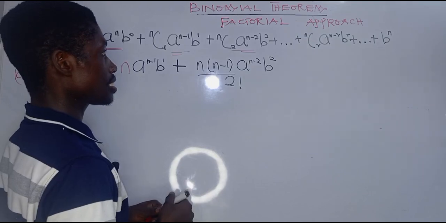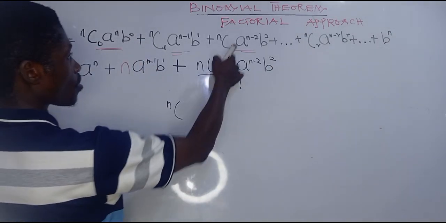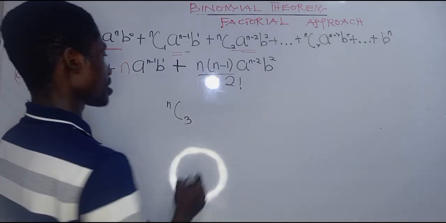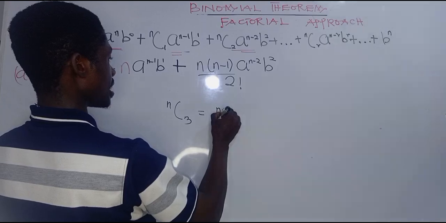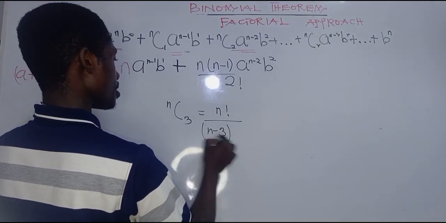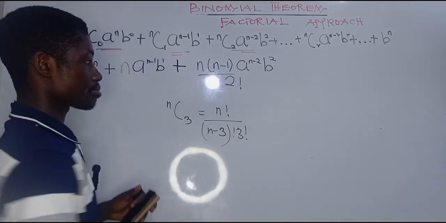Let's take it that there is another one here, which is going to be n combination what? 3. So n combination 3, we are going to get n factorial all over (n minus 3) factorial, 3 factorial.